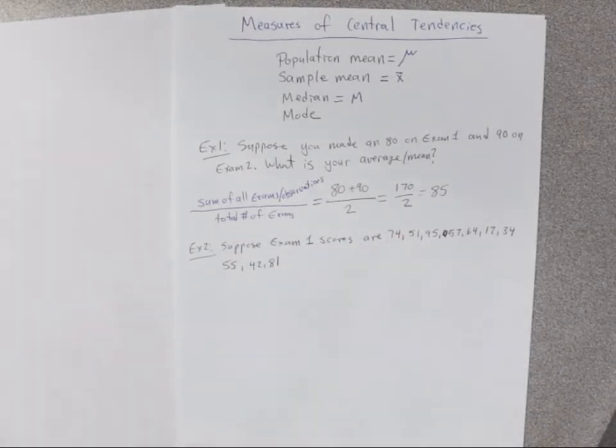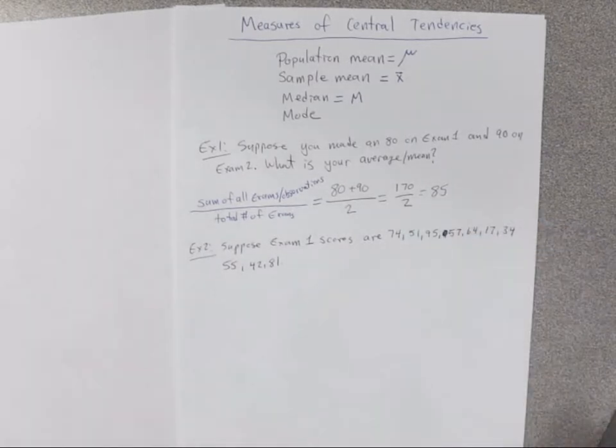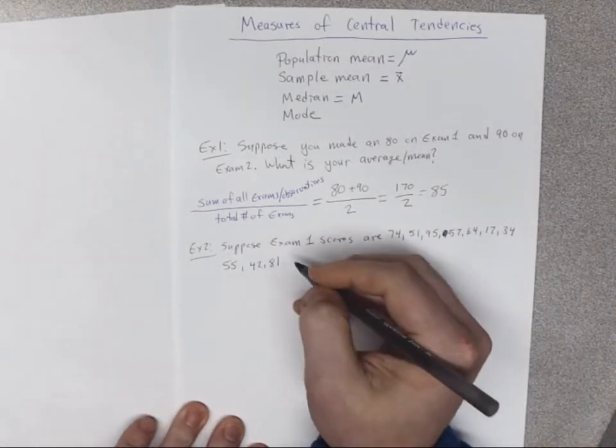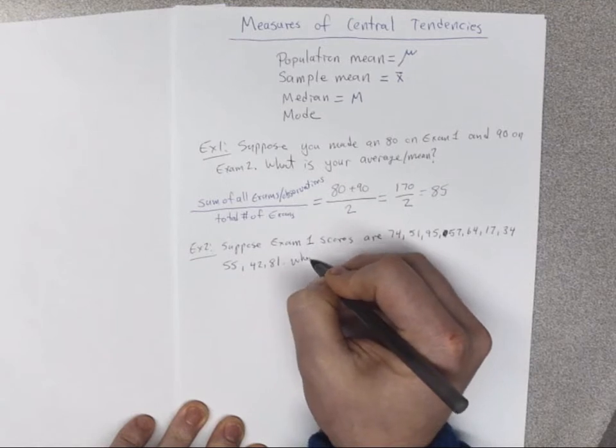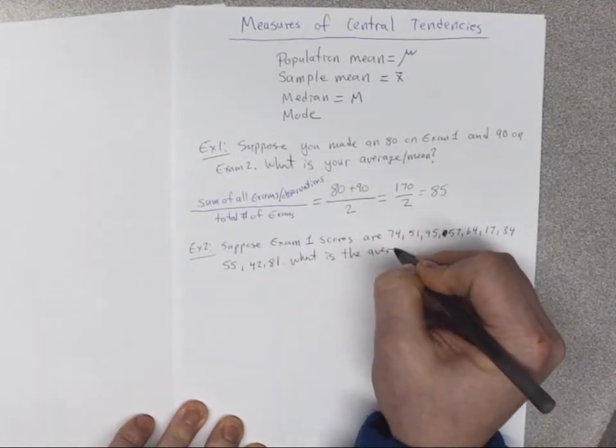So we're assuming that this comprises the entire class, which means the population. What is the average / mean?